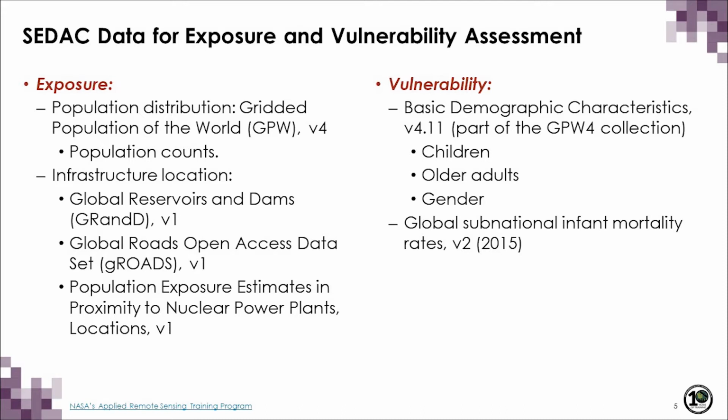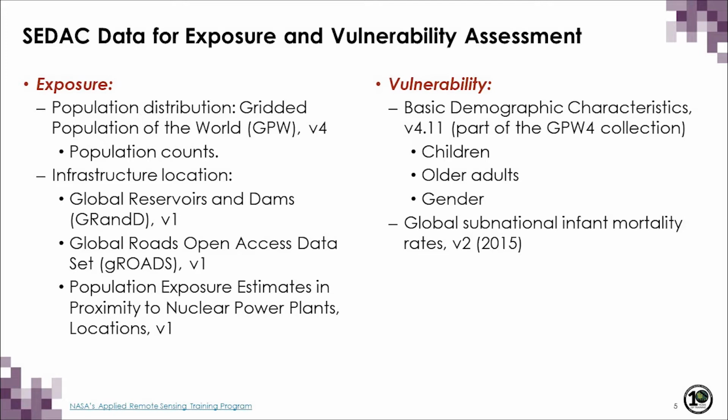In today's session, we will describe some of SEDAC datasets useful for exposure and vulnerability information. For exposure, we will look into the population distribution with the Gridded Population of the World, GPW4, version 4, and with infrastructure location using Global Reservoir and Dam, GRanD, Global Roads Open Access Data Set, gROADS, and population exposure estimates in proximity to nuclear power plants.